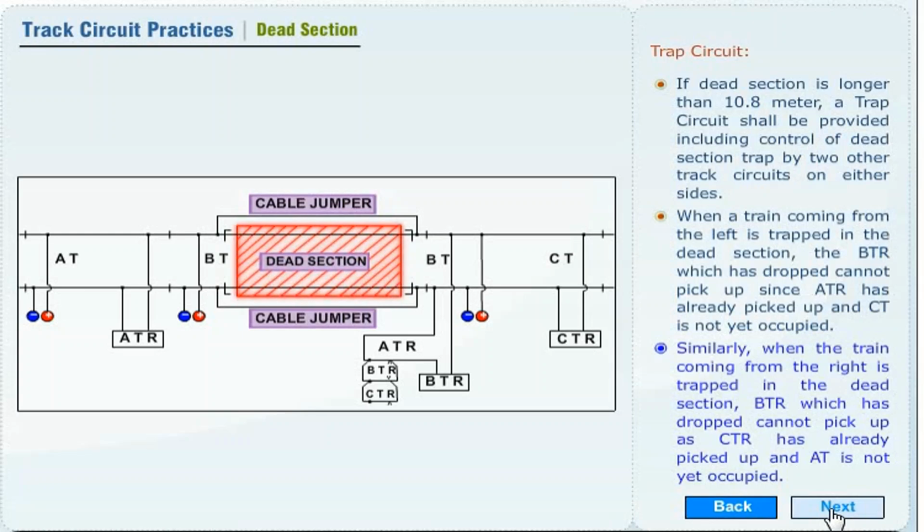Similarly, when the train coming from the right is trapped in the dead section, BTR which has dropped cannot pick up as CTR has already picked up and AT is not yet occupied.